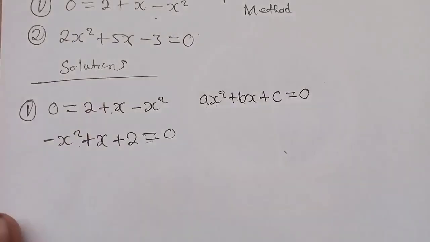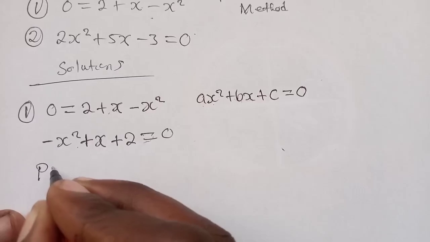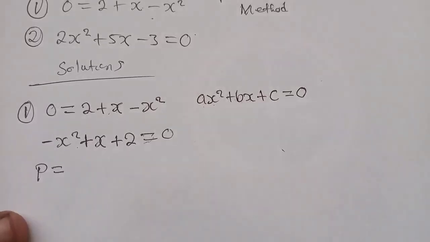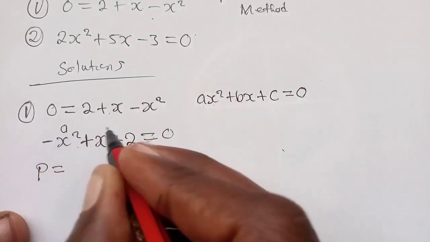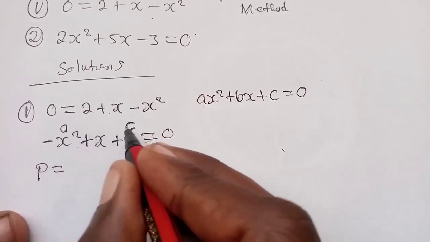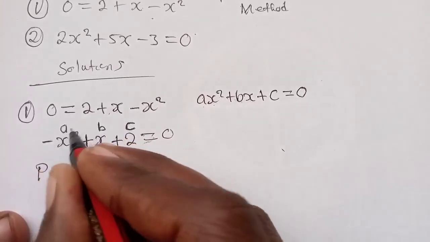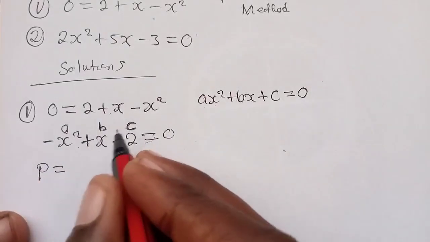The next thing you're supposed to do is to find the product. In the video, I said that you multiply a times c. This is our a, this is our b, this is our c. So we multiply a and c for the product.